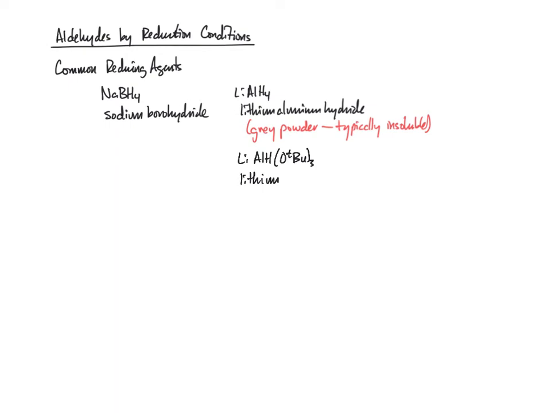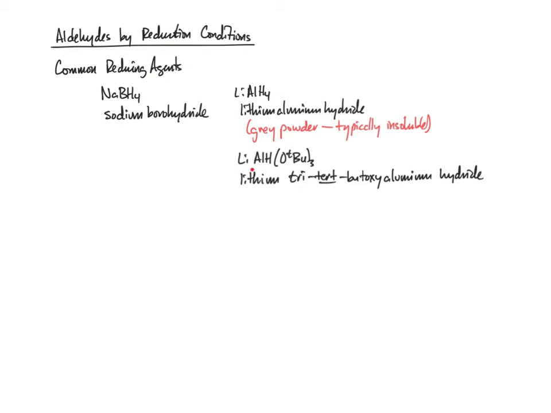So lithium, there's three of them, tert-butoxy, that's the ether portion, aluminum hydride. This does a couple things. The tert-butyl groups are bulky, so it's a bulkier reducing agent. It has weaker reactivity than LAH, and it's more soluble in organic solvents.